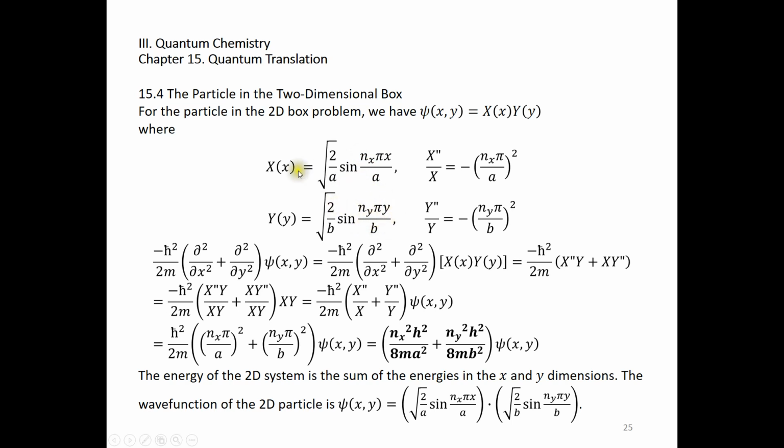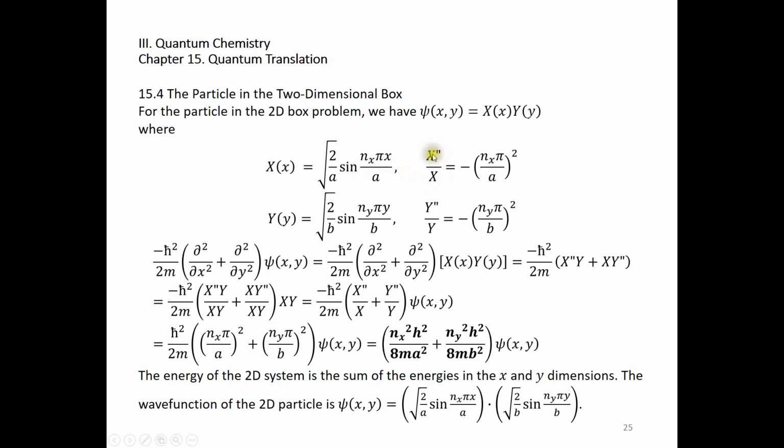We can easily compute the second derivative of x divided by x, because the second derivative of sine theta is just negative sine theta. The second derivative of sine k theta is simply negative k squared sine k theta. So we can easily do this derivation.